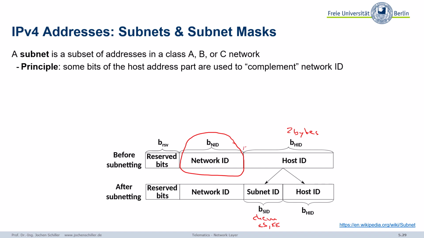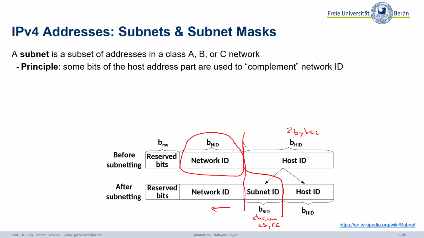So you see on the left side, we have the network ID. That's something for the routers, worldwide, etc. And then on the right side, we have the host. And now we further subdivide inside the host into a subnet and a host ID. So the idea is that some bits of the host address part are now used to complement the network identifier. Because if you do so, this subnetting, then suddenly all this first part is now a network identifier and not a host identifier anymore.